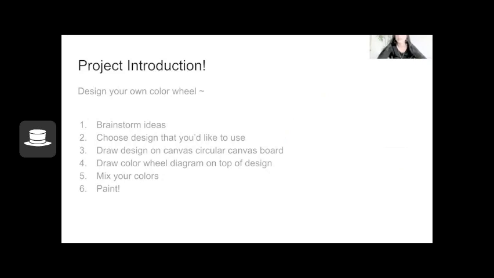Then you're gonna choose your design that you'd like to use after enough brainstorming. Then you're gonna draw your design on a canvas that's shaped as a circle so that we're imitating a color wheel. Then you're gonna draw your color wheel diagram on top of your design. You're gonna mix your colors and you're gonna paint, okay? It's a long process, but we'll get there. Any questions?